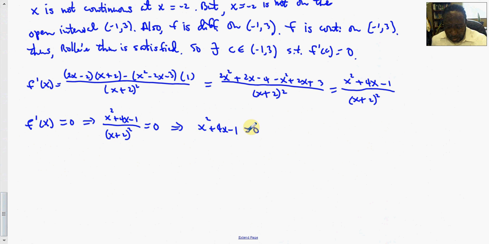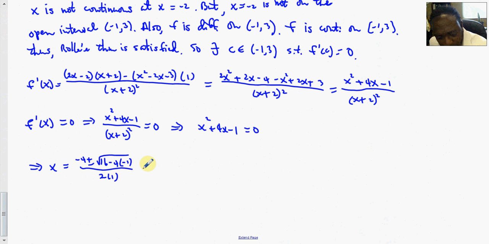Using the quadratic formula, this implies that X is equal to negative 4 plus or minus the square root of 4 squared, we get 16, minus 4 times A times C, that's minus 4 times the negative 1, all over 2 times A, 2 times 1.